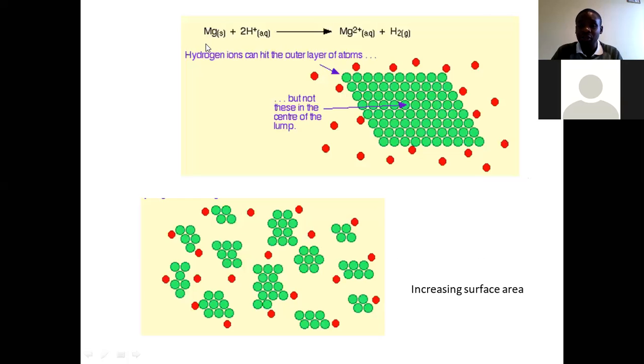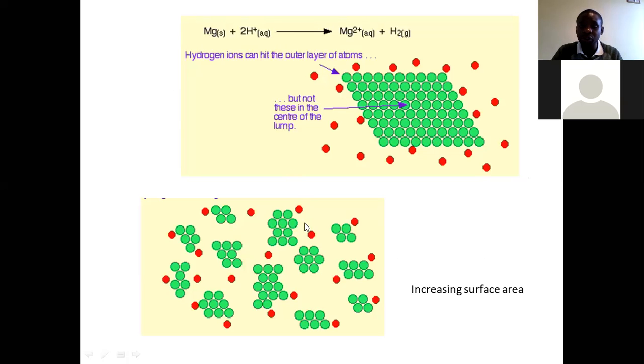I'm going to show you in the next slide. For example, we have a reaction between magnesium ribbon and hydrochloric acid to give you magnesium chloride and hydrogen. I've written this equation in ionic form. When the magnesium is just in ribbon form, the atoms which are in contact with the acid are very few.